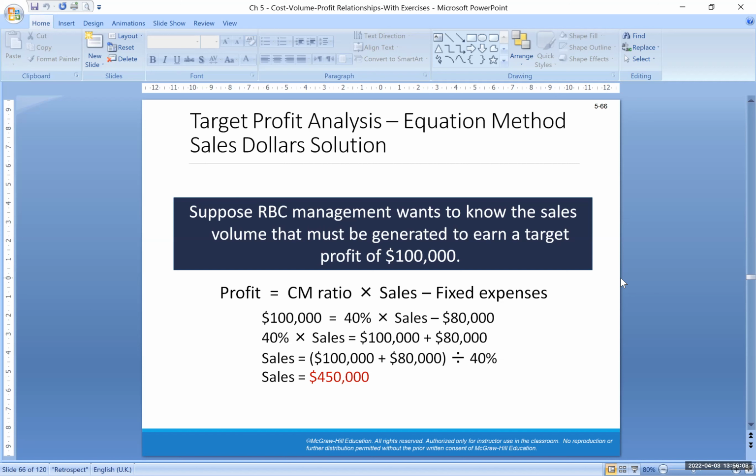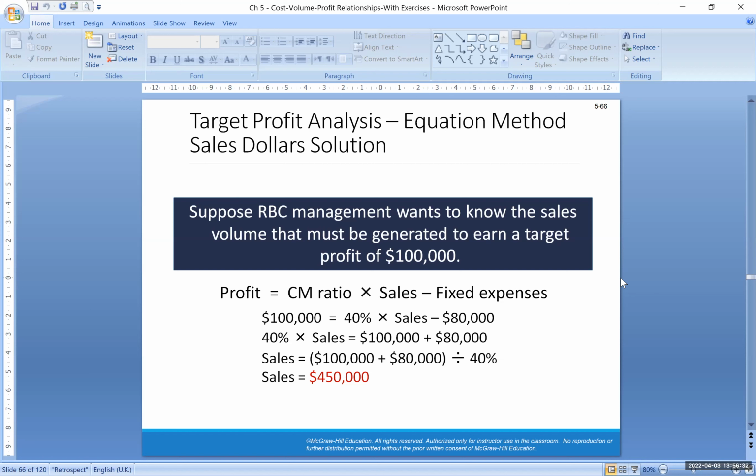The contribution margin ratio, if you remember from our example, is calculated as 200, which is the contribution margin, divided by the price, which is $500, and this equals 0.4 or 40%, multiplied by the sales, minus the 80,000.